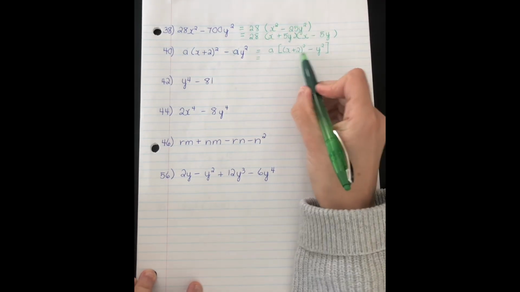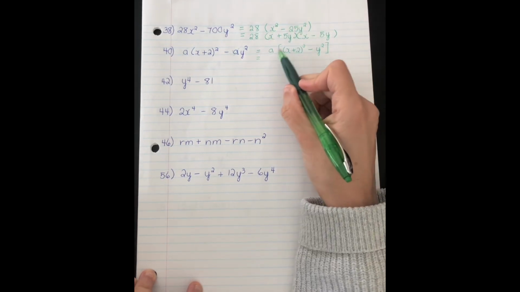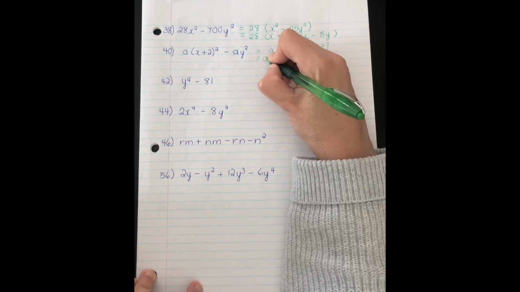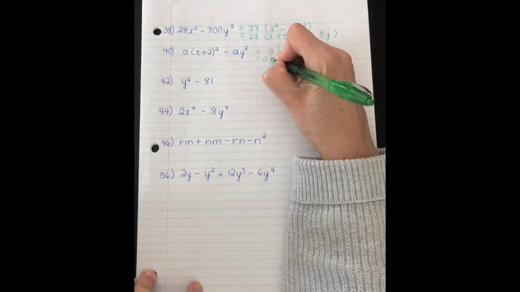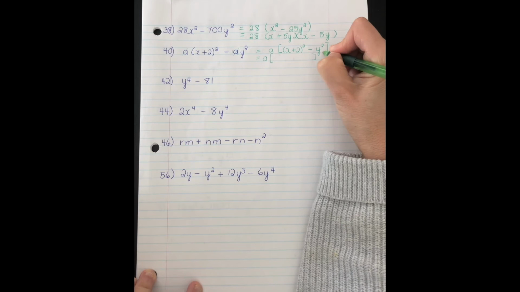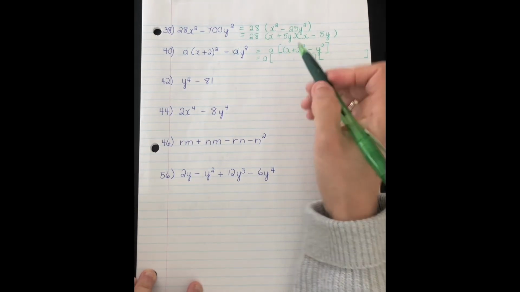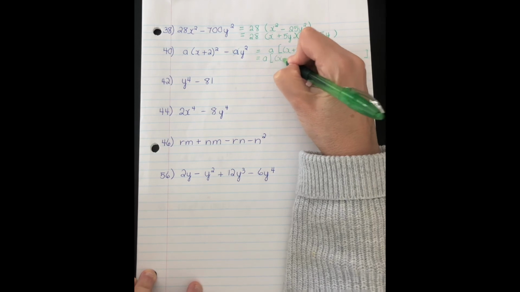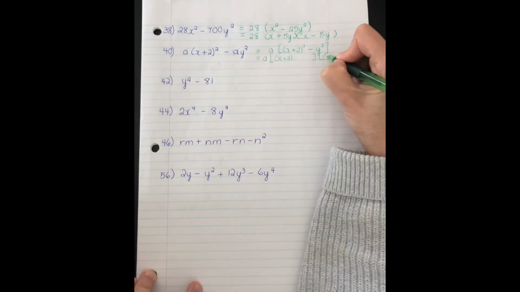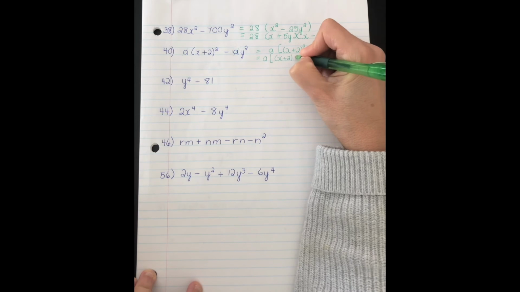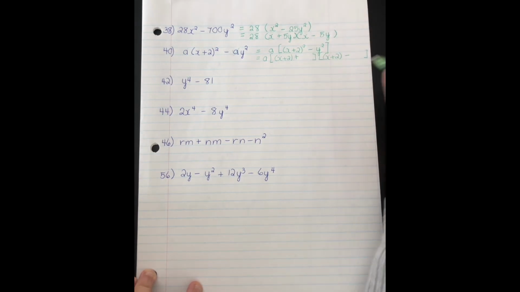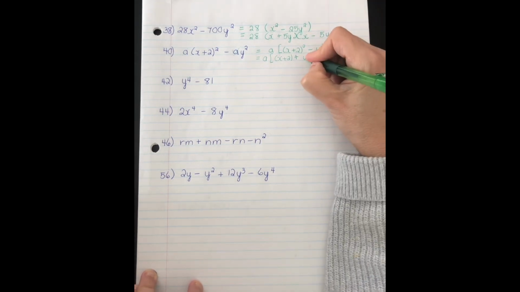And now, inside the bracket, we do have the difference of two perfect squares. The square root of the first term is x plus 2. One of these has a plus, the other a minus, and the square root of y squared is y.